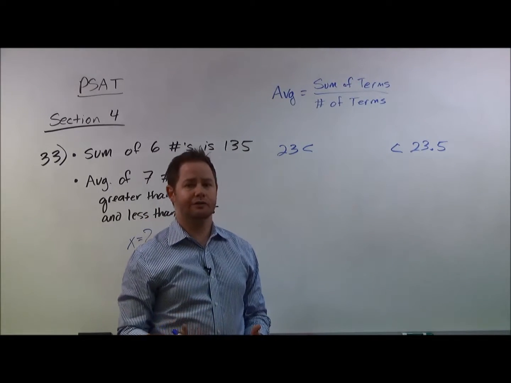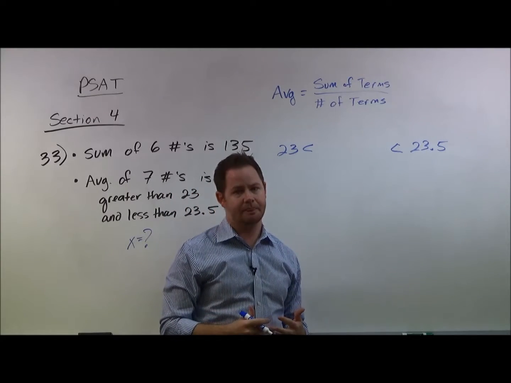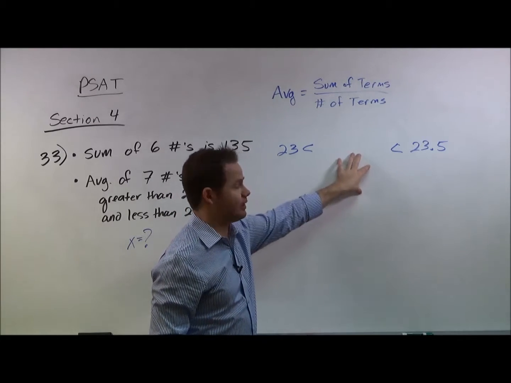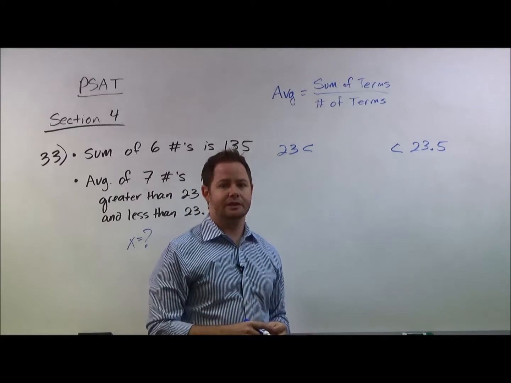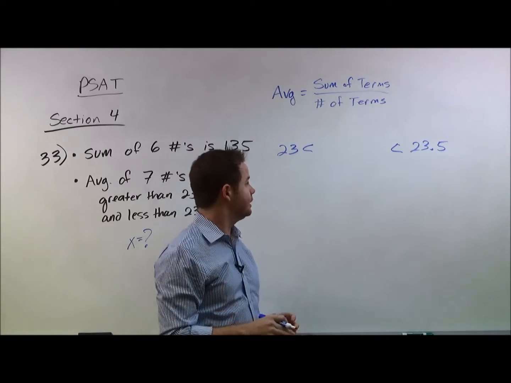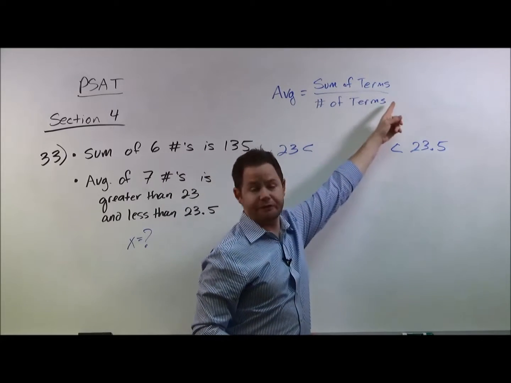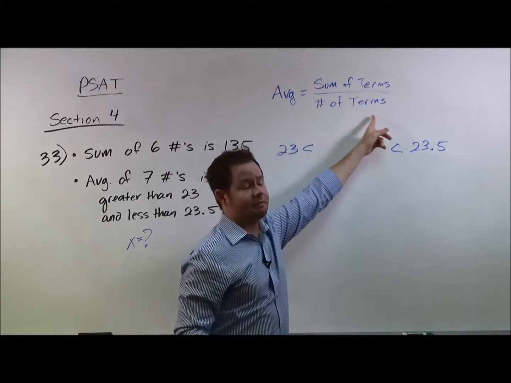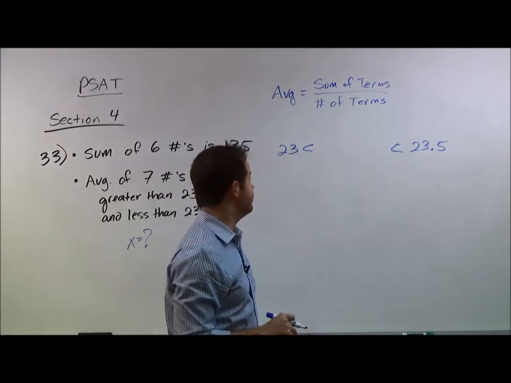And to find out what this possible value of x, that 7th term, could be, we need to figure out what kind of equation to put in here. So when you're averaging 7 things, how do we go about that calculation? Hopefully you're looking at this formula for average and saying, okay, I want to add up all 7 terms and then divide by the number of terms, which is 7 in this case. And that's exactly what we're going to do here.